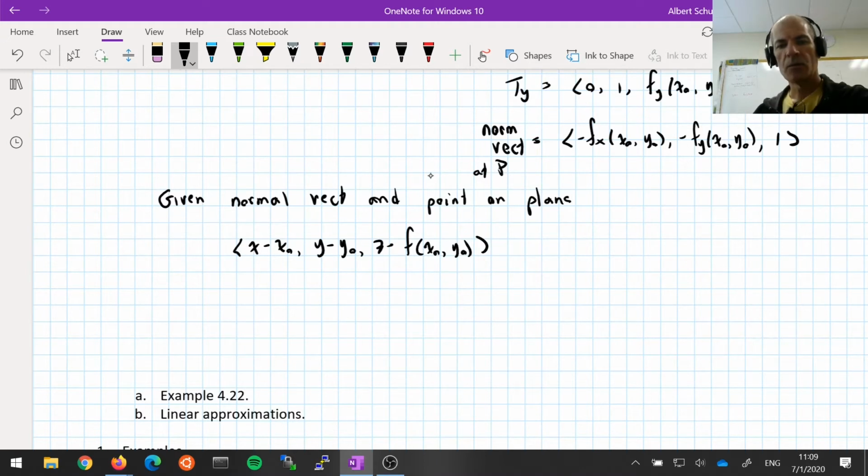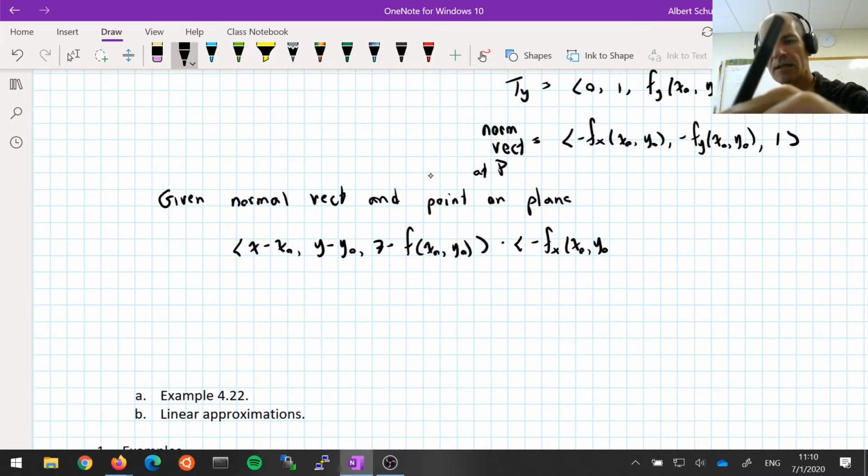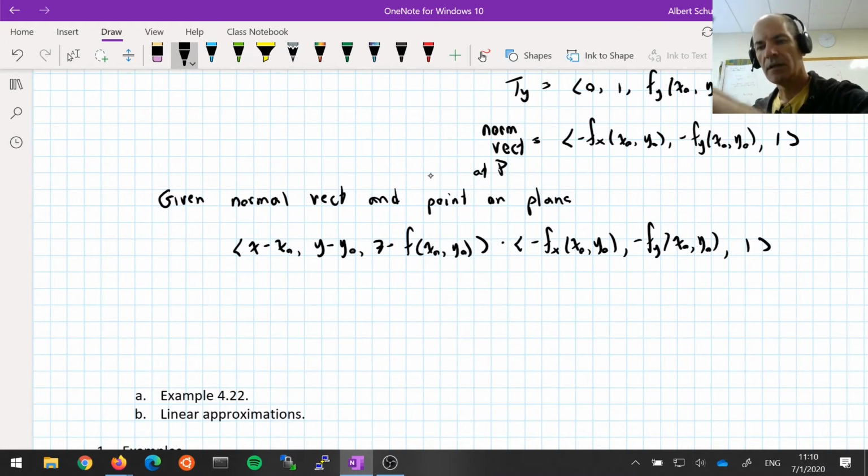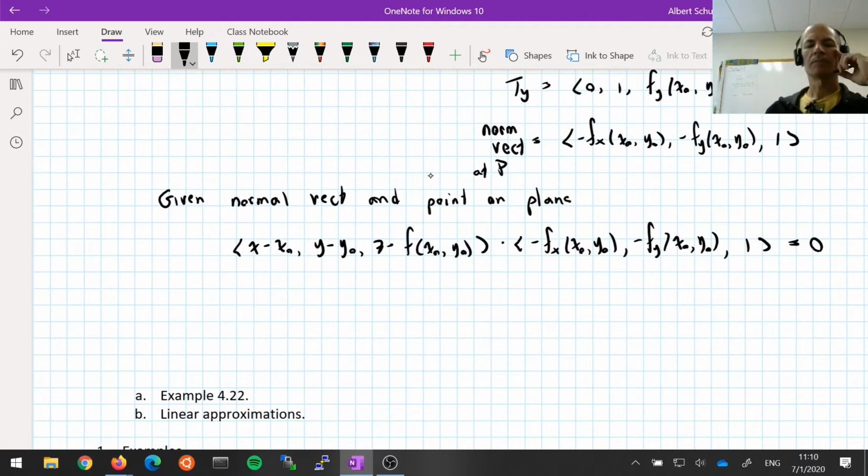We want the dot product of that vector with the normal vector minus f sub x, x naught, y naught, minus f sub y, x naught, y naught, 1. We want that to equal 0.